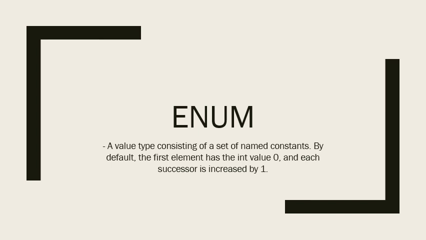Enum, a value type consisting of a set of named constants. By default, the first element has the int value 0, and each successor is increased by 1.